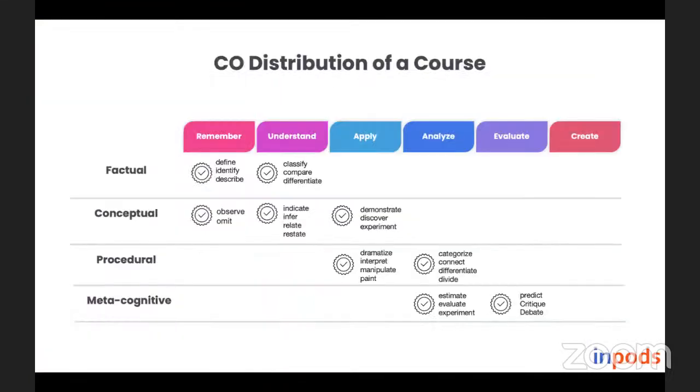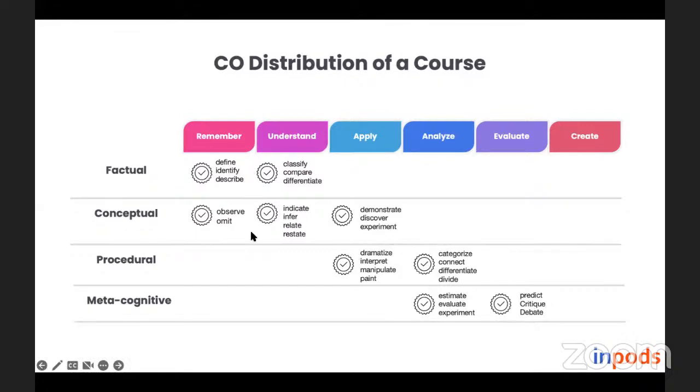So when you distribute these course outcome statements on a scale of remember to create and factual to metacognitive, you will have a distribution of these statements in this manner. Easily you can identify that. In the courses that you will teach in the later part of graduation or for the PG, you will have more course outcome statements in this direction.